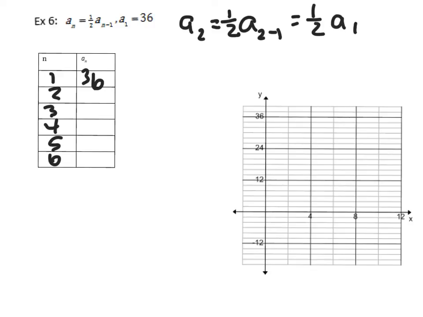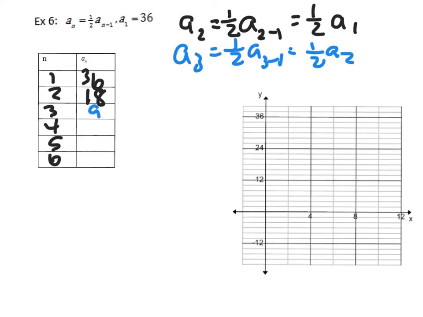Half of 36 is going to give me 18. The third one is going to be 1/2 of a sub 3 minus 1. You're doing half of the previous term. So half of 18 is 9, half of 9 is 4.5, half of 4.5 is 2.25, half of 2.25 is 1.125.